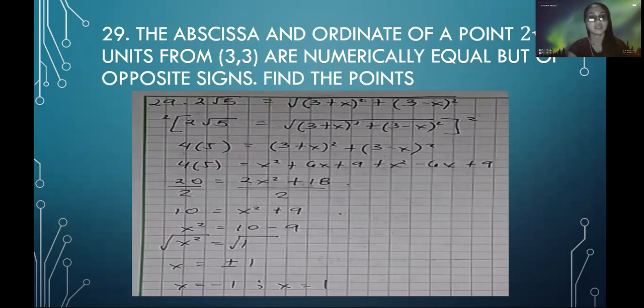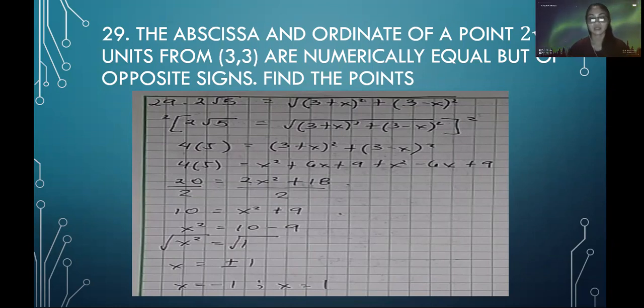Number 29. So the abscissa and ordinate of a point 2 square root of 5 units from point positive 3 and positive 3 are numerically equal but of opposite sign. Find the point. So 2 square root of 5 is equals to square root of 3 plus x squared plus 3 minus x squared. So square both sides.